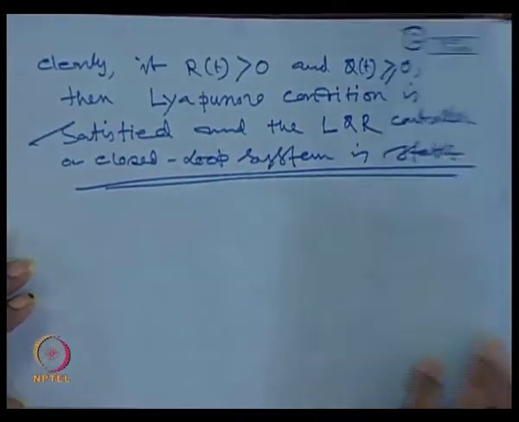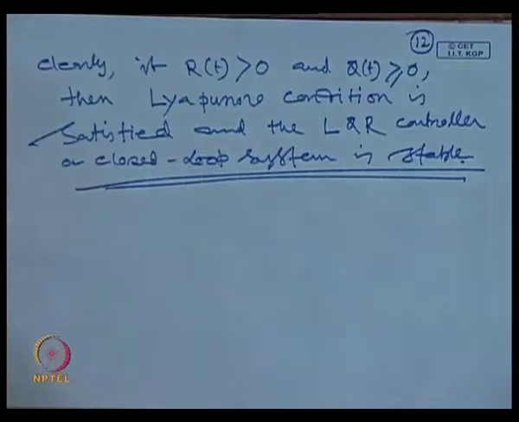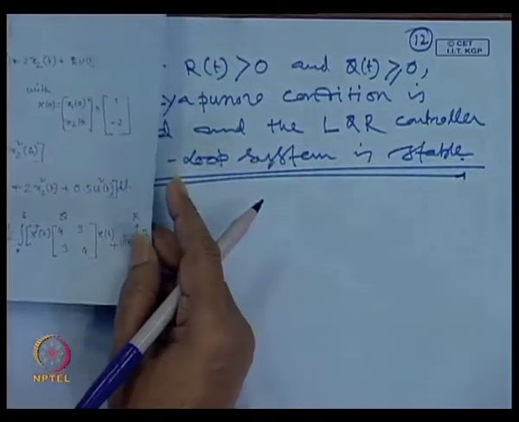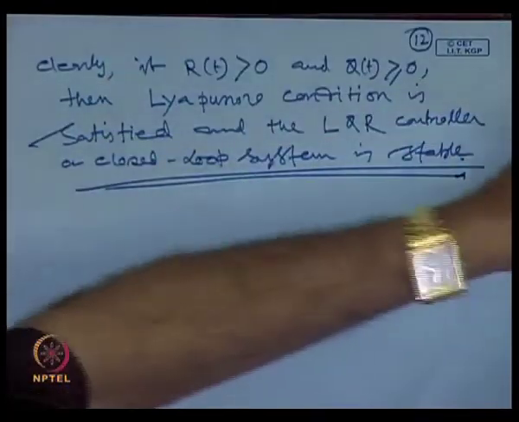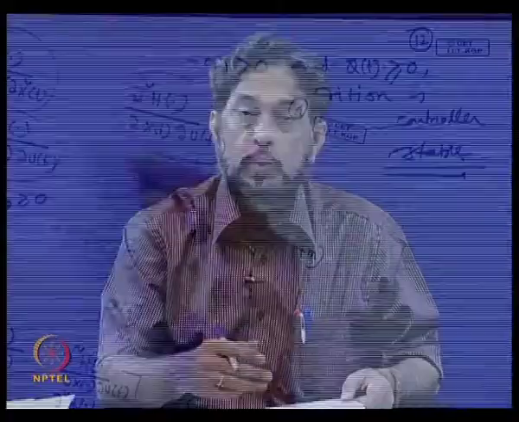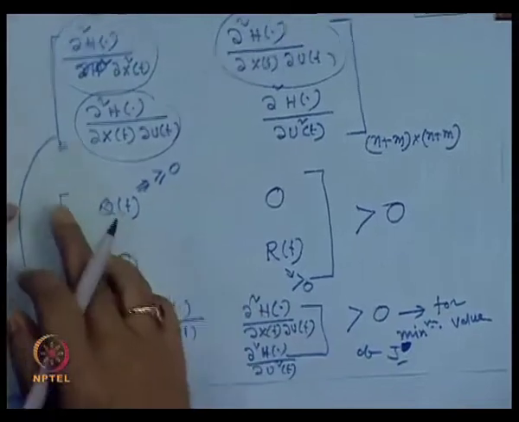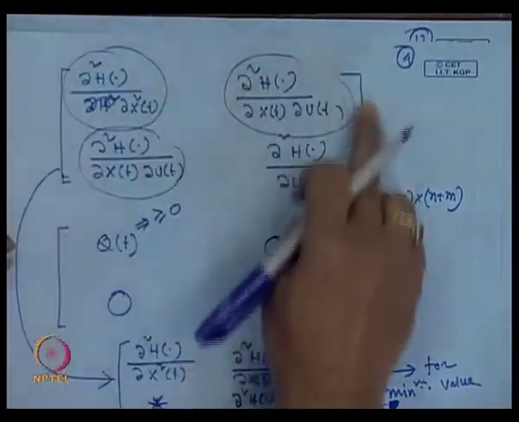So this is the stability of the system. Now, if you use the finite time regulator problem, the way we solve it here, you have to check the sufficiency condition.